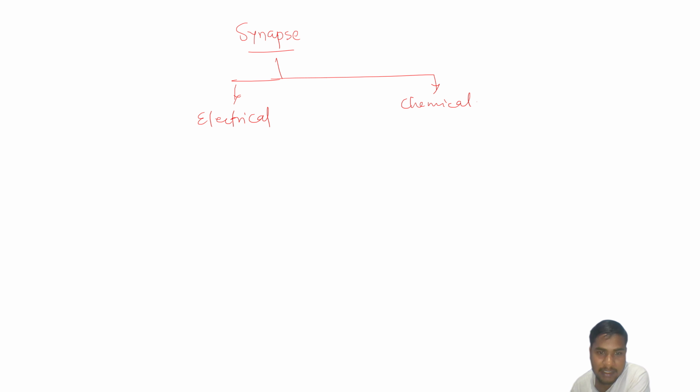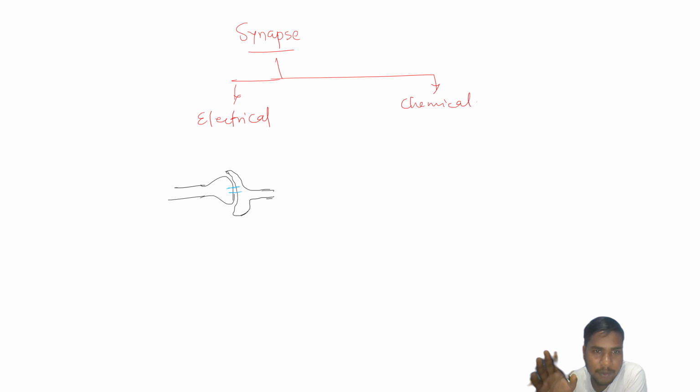In the case of electrical synapse, the axon of the presynaptic neuron is in very close proximity to the dendron of the postsynaptic neuron. It forms a channel with the help of a protein known as connexon.